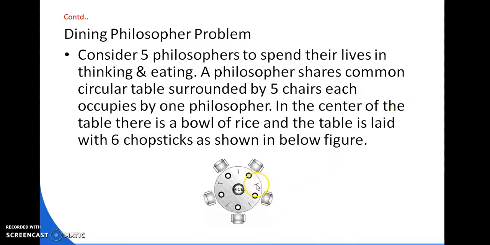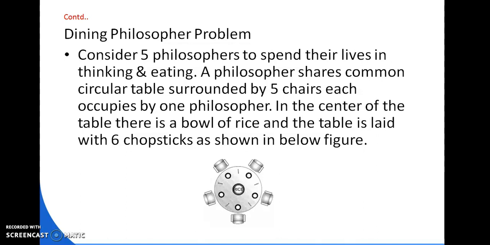Because this chopstick is engaged, consumed by the first philosopher, the only option is that if the other one is free, he uses that and waits for this chopstick. Suppose this chopstick is also used by another philosopher, then he definitely waits for the two chopsticks. So that is the dining philosophers problem.